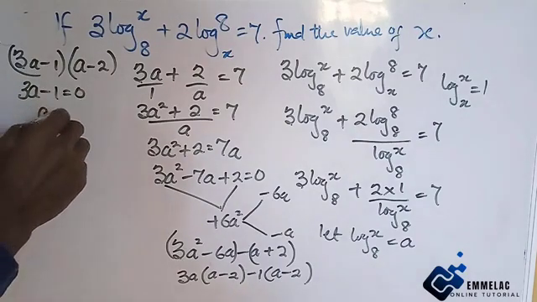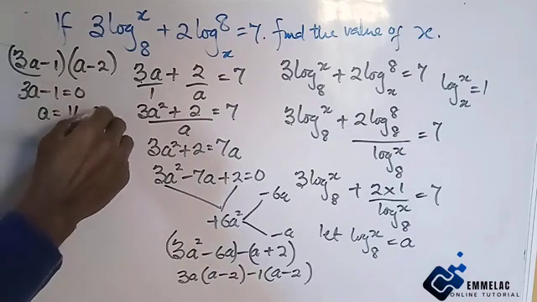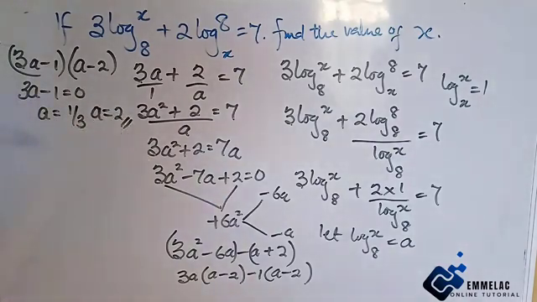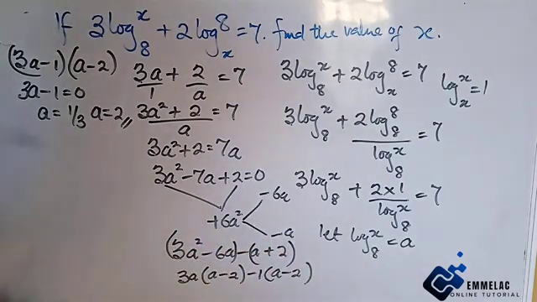So a here equals 1 over 3. In the same vein, a equals 2. Now let us replace our a with these to get the value of our x.